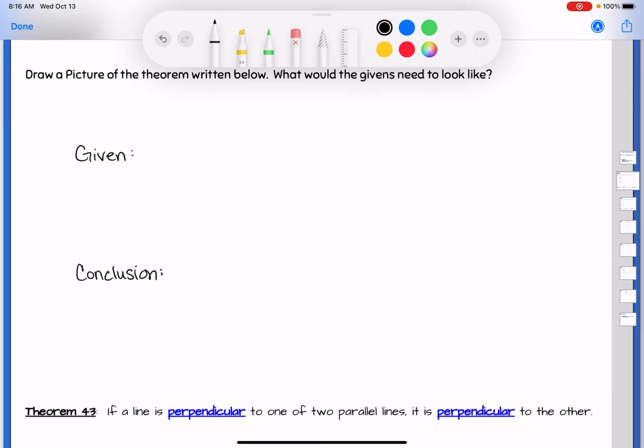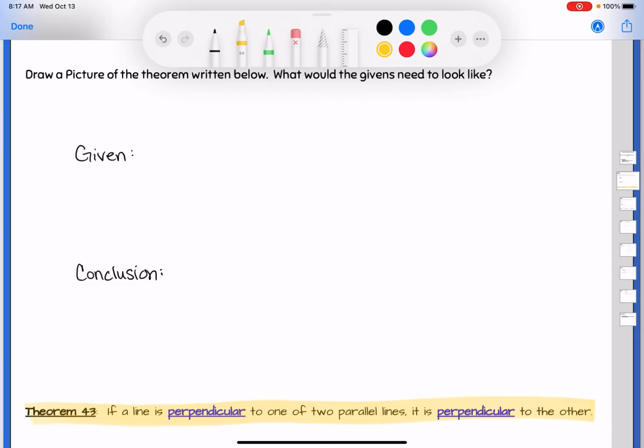Our theorem is down at the bottom. It says, if a line is perpendicular to one of two parallel lines, then it is perpendicular to the other. We're going to draw the picture, write the givens, and then the conclusion based off of that theorem.